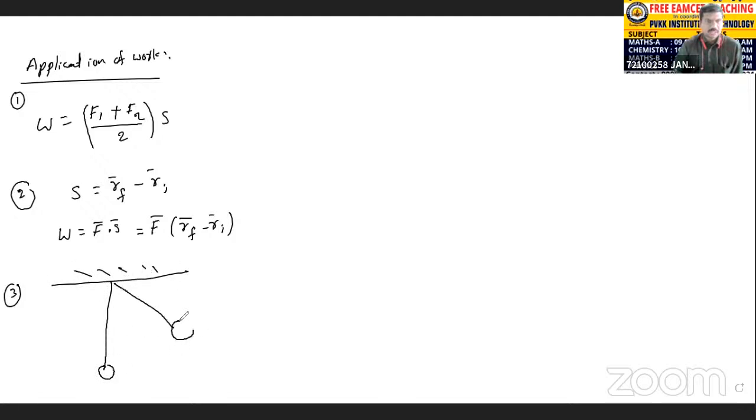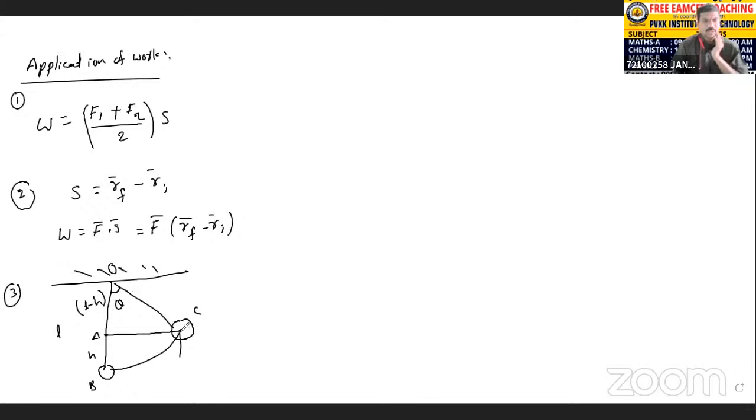Total length is L. The height raised is H, and the remaining height is L minus H. From position A to position B, height is H. This is position C, this is O. The angle is theta.